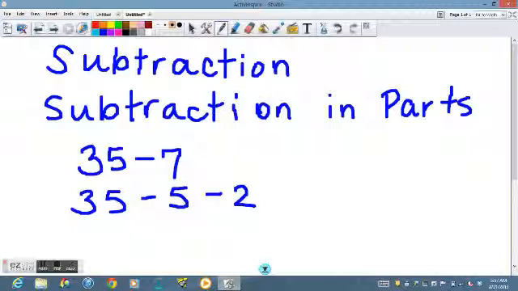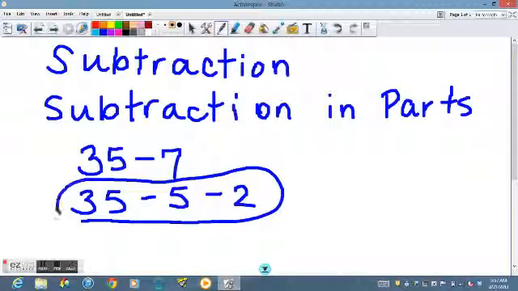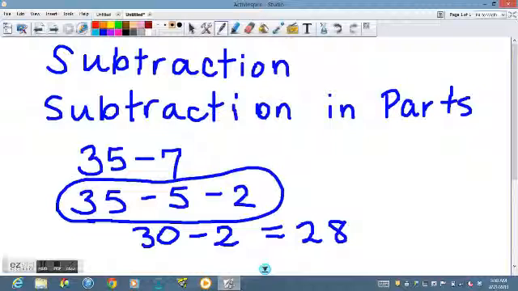But doing this problem may be a little bit easier in your head to think about. So 35 take away 5 is 30, and then take away 2 or subtract 2 is going to give you 28. Alright, so this is called subtracting in parts because you're taking away or subtracting in smaller parts than your original number.